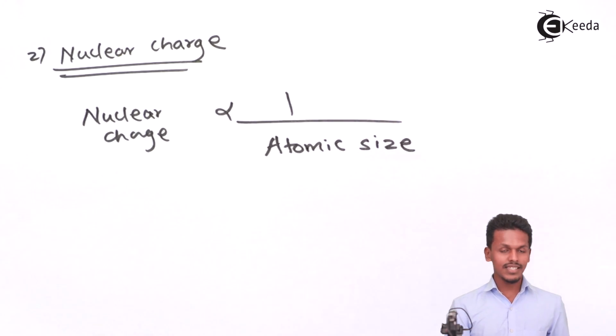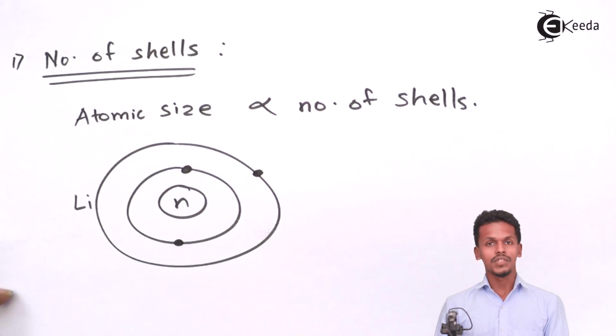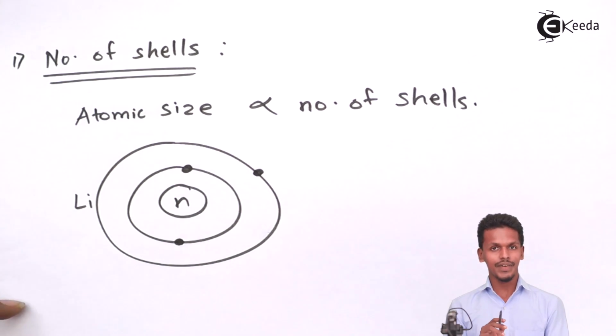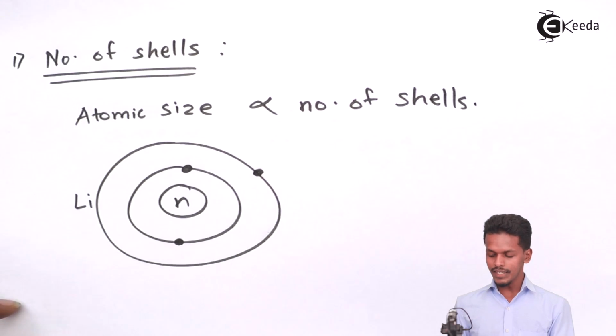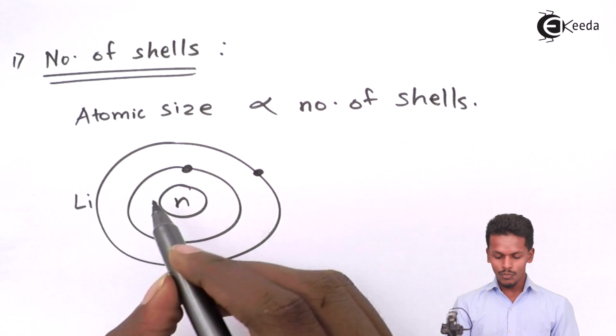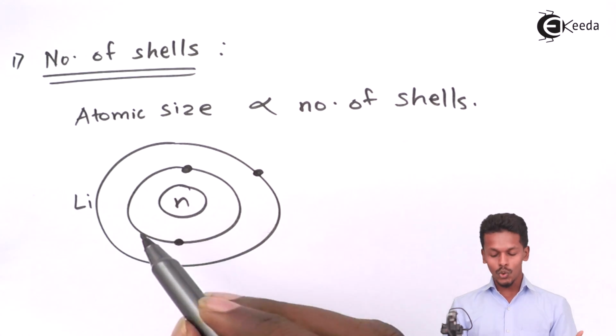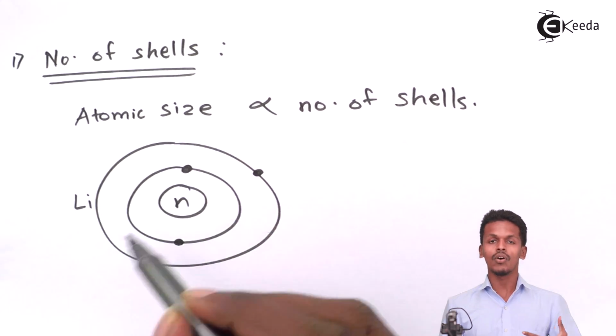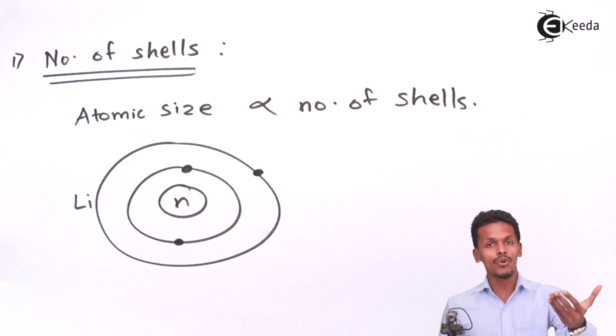Suppose in this case, I take lithium as an example. As you could see, lithium has only 2 shells, and moreover the nucleus is very close to the third electron, the outermost electron.